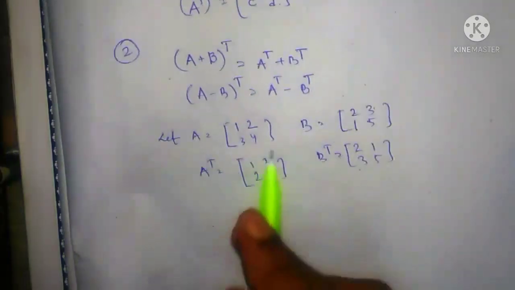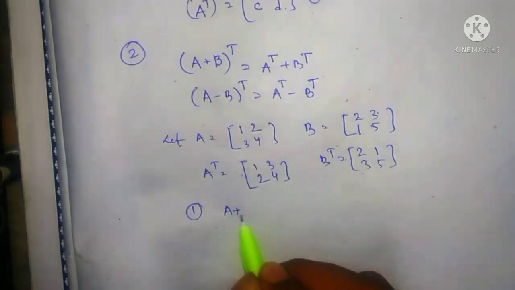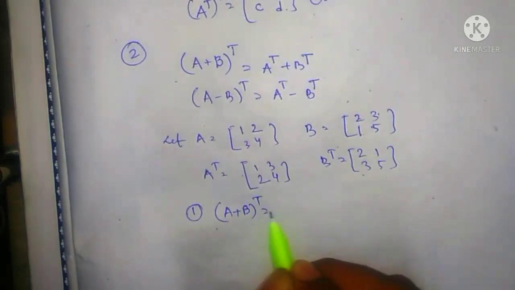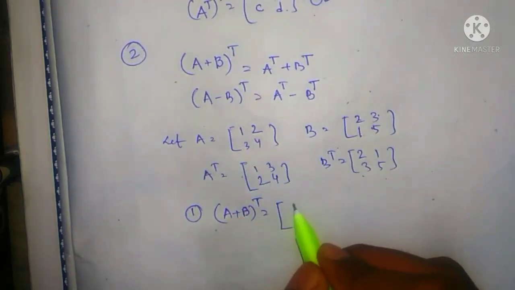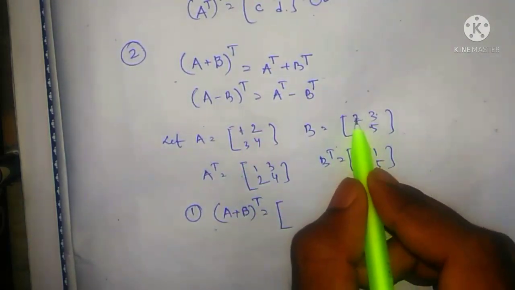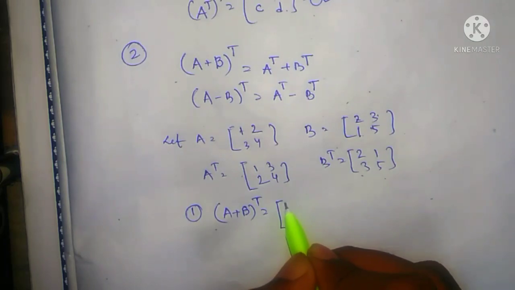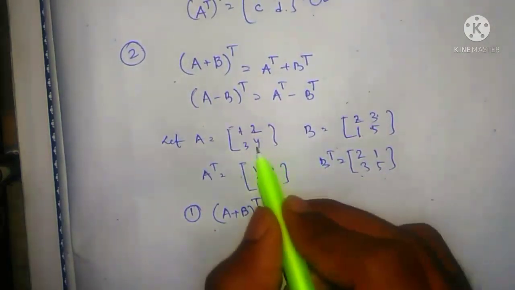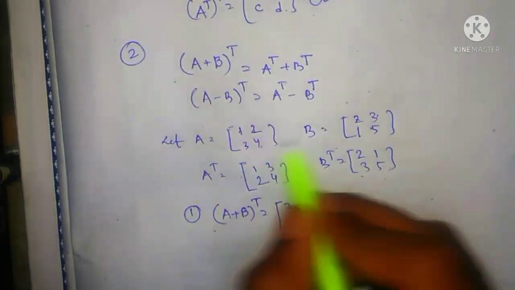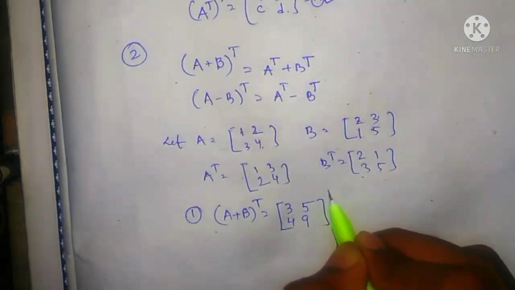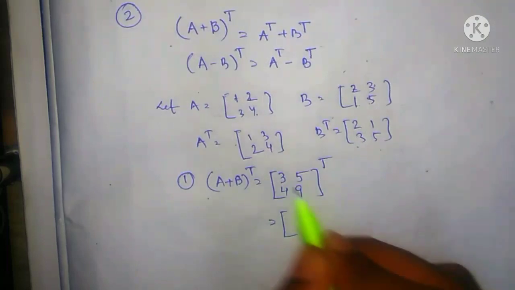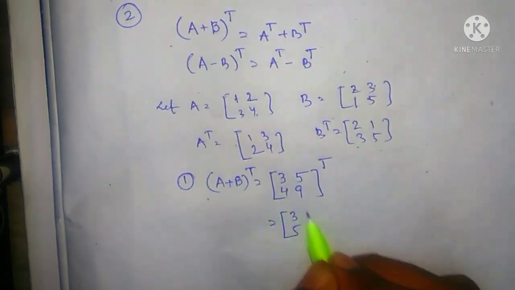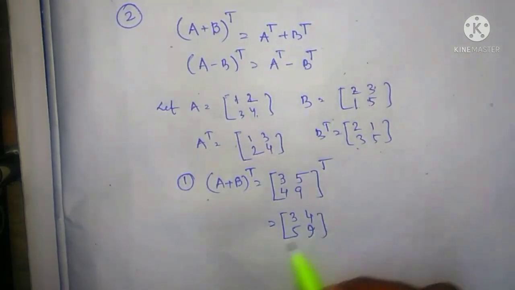Now A plus B transpose: 1 plus 2 is 3, 2 plus 3 is 5, 3 plus 1 is 4, 4 plus 5 is 9, and its whole transpose is 3 5 4 9.